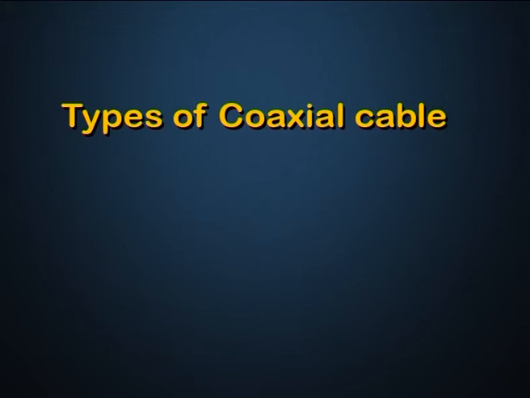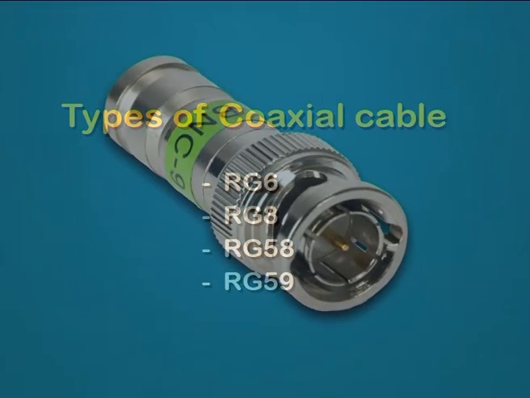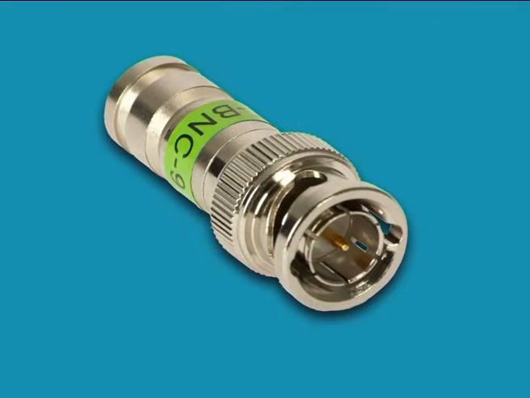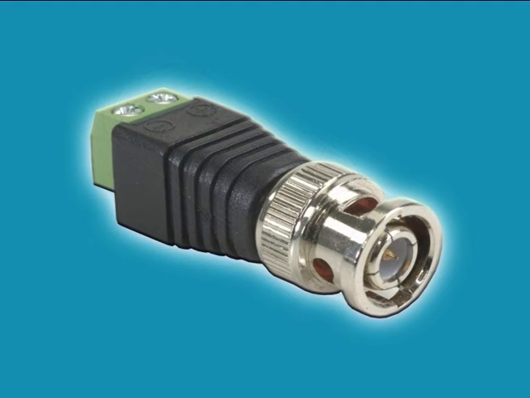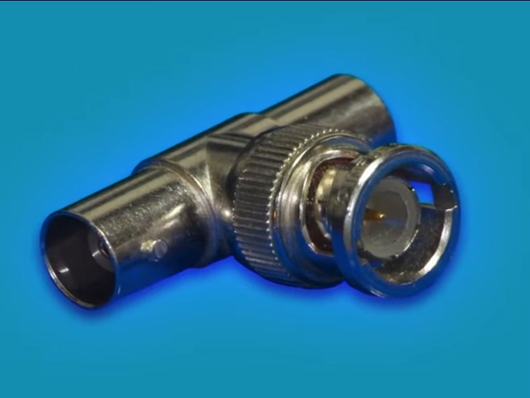Various types of coaxial cable are RG6, RG8, RG58, RG59, etc. The most common type of connector used with coaxial cables is the BNC connector. Different types of adapters are also available for BNC connectors, like a T-connector, barrel connector, and terminator, etc.